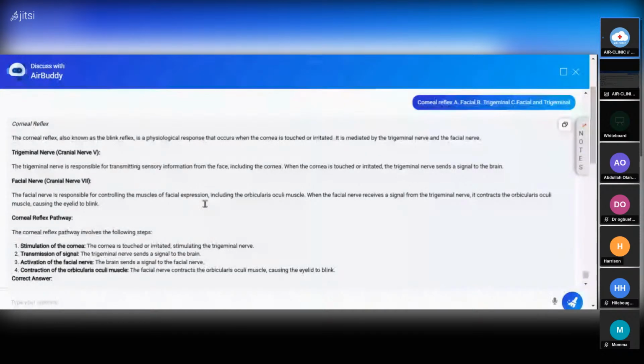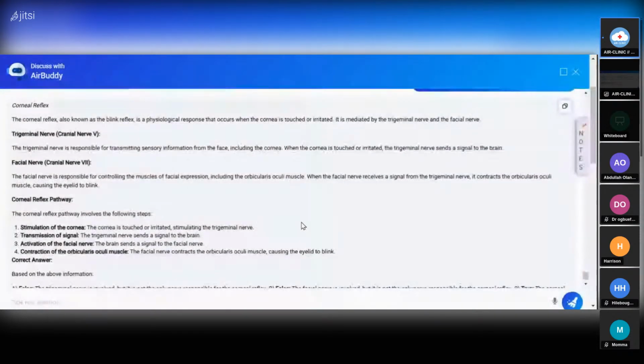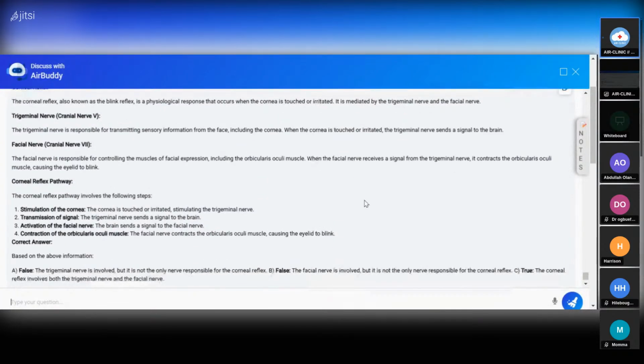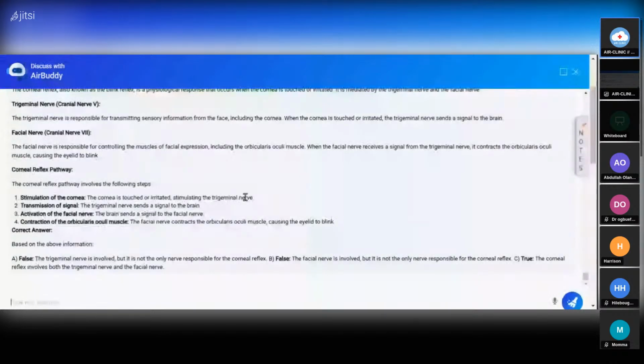We know that the facial nerve controls the muscles of facial expression, including the orbicularis oculi, which is what contracts when you are trying to blink your eyelid. So that's why option C is correct. It's both facial nerve and trigeminal nerve for the corneal reflex.